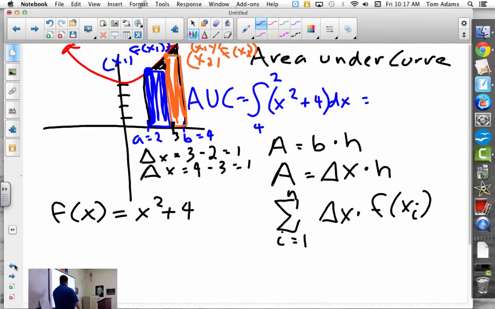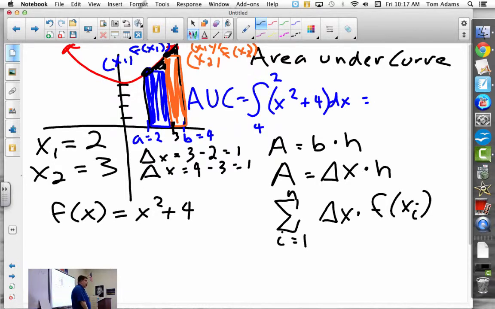What would be x sub 1? x sub 1 is equal to 2. x sub 2 is equal to 3. Now you just got to put on your thinking caps. I'll show you a little more formal way.